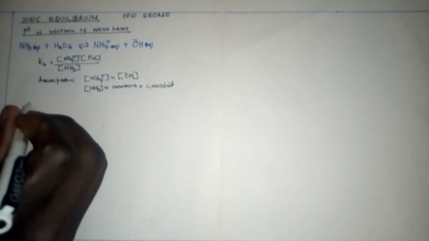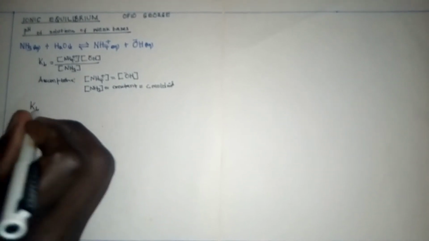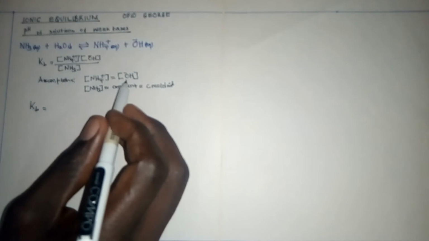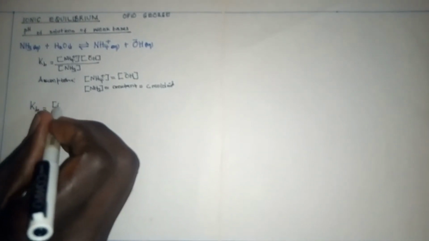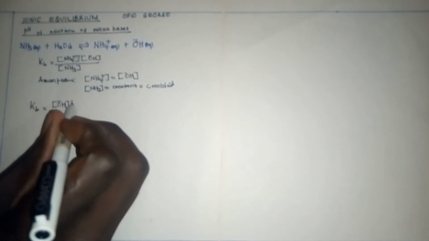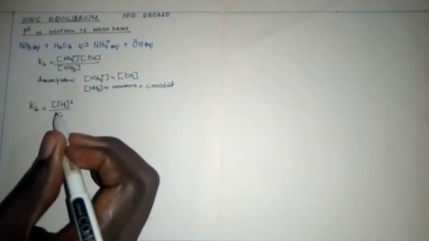So if we substitute for these assumptions in our Kb expression, we come up with Kb being equivalent to, where there is molar concentration of ammonium ions, now we substitute with molar concentration of hydroxyl ions. So this will give us the molar concentration of hydroxyl ion squared divided by C, where C is the original amount of ammonia that was present.